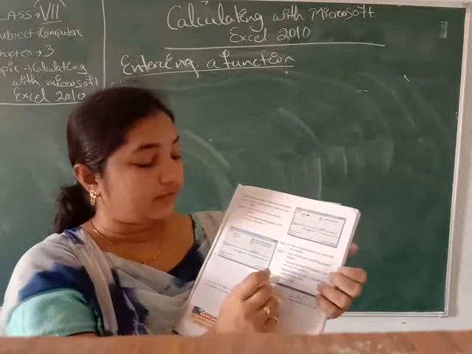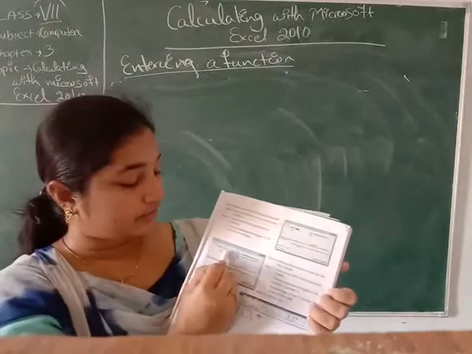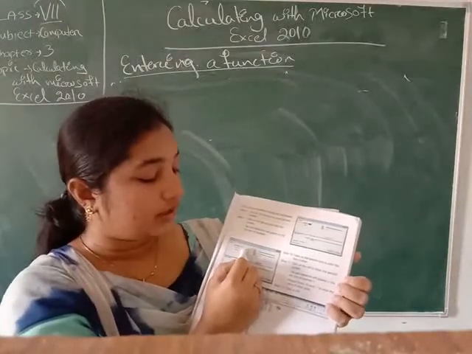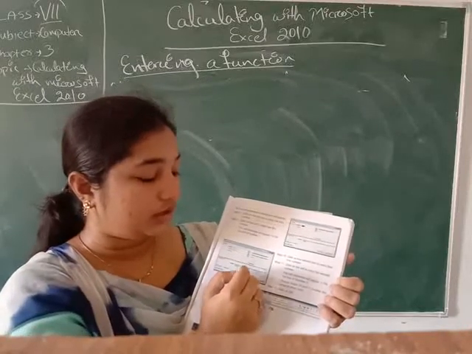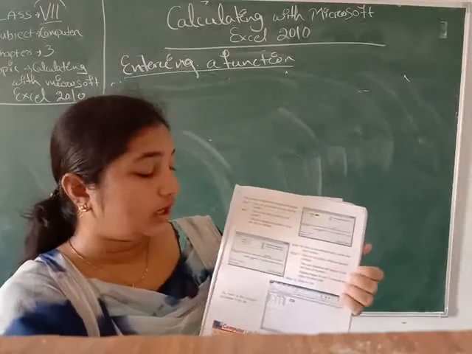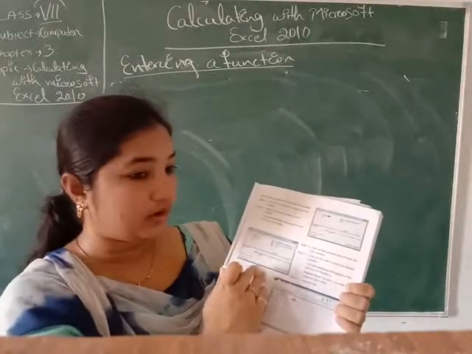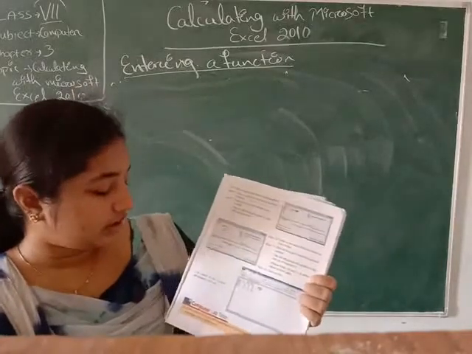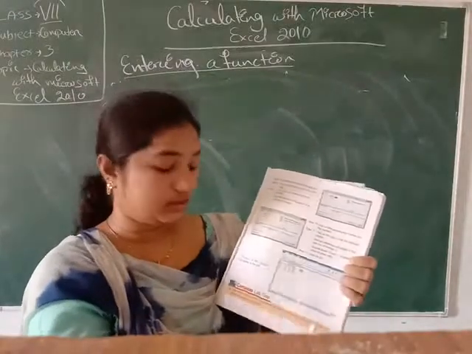The cell reference will appear in the text box of Number 2. Again repeat the steps to enter the values of the cells. After giving all the values, we click on OK. The result of the function will appear in the cell.